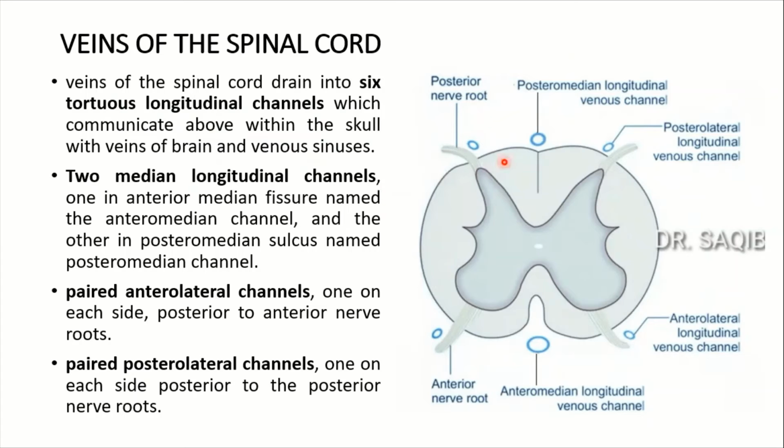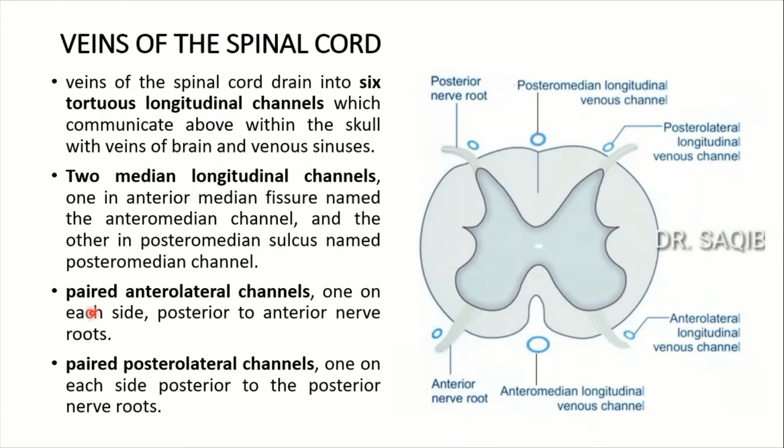So what are they? Numbers 1 and 2 are two median longitudinal channels, one in the anterior median fissure, named the anteromedial longitudinal venous channel, and posteriorly a posteromedial longitudinal venous channel, in the posteromedian sulcus.